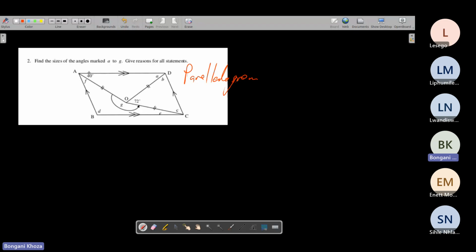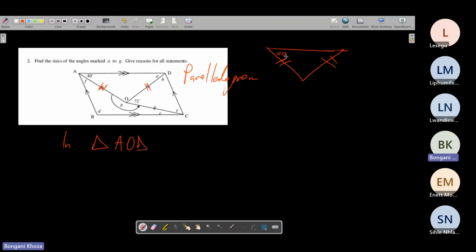So firstly, we have to check what we are given here. Let's deal with A first. If we check this triangle over here, triangle AOD, we are told that this side is equal to that side.